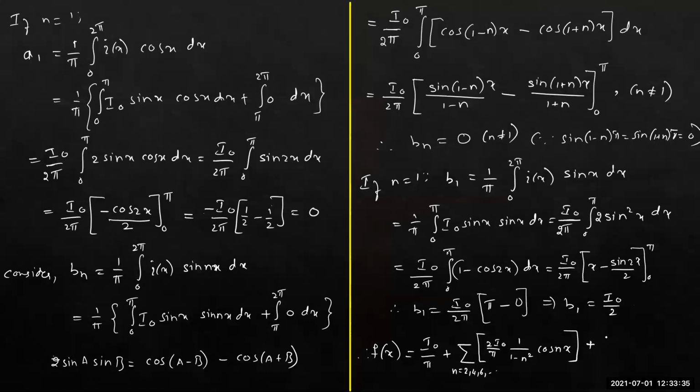So we'll get only b1, which is I naught by 2 into sin x, because you are taking n equal to 1. So we'll get I naught by 2 into sin x. This is what you call the Fourier series expansion of this particular function.